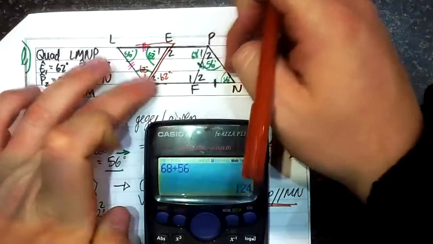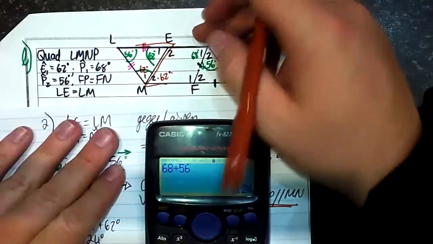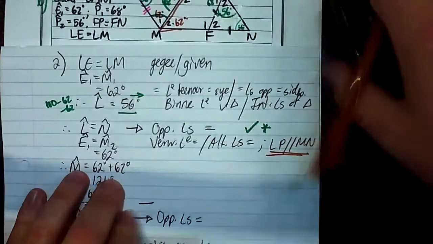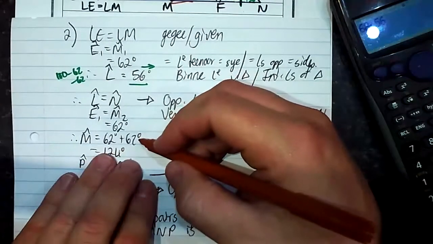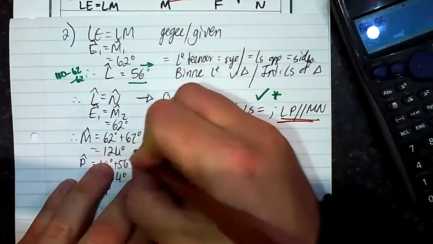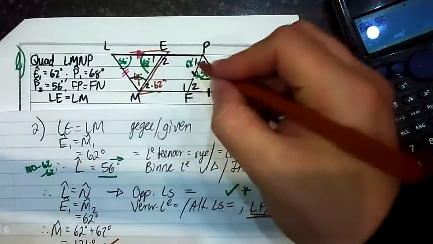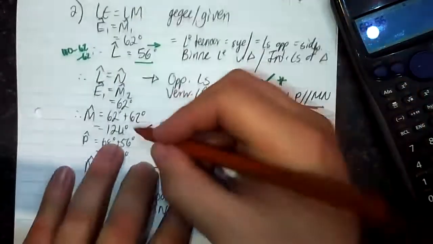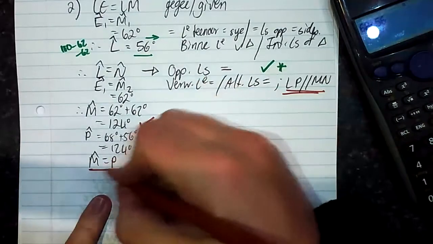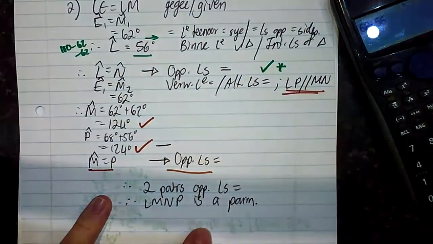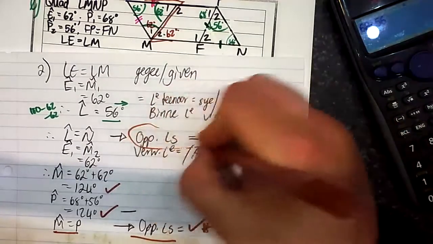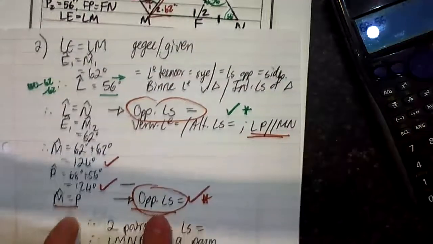So those two opposite angles are also equal. All right. Okay, so angle M is 62 plus 62, due to M1 and M2, both are 62, is 124. Angle P is 68 and 56, equal to 124. And they are equal and they are opposite angles. Okay, so here we have the other half. We have one pair and a second pair of opposite angles equal.